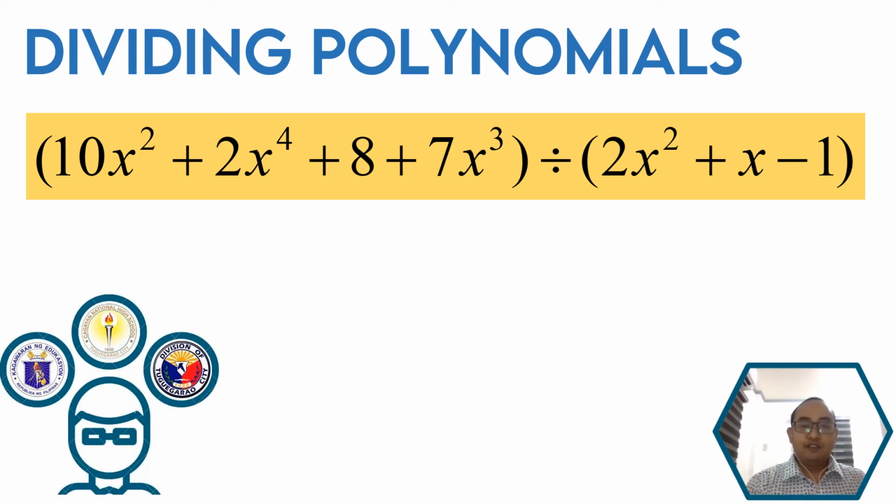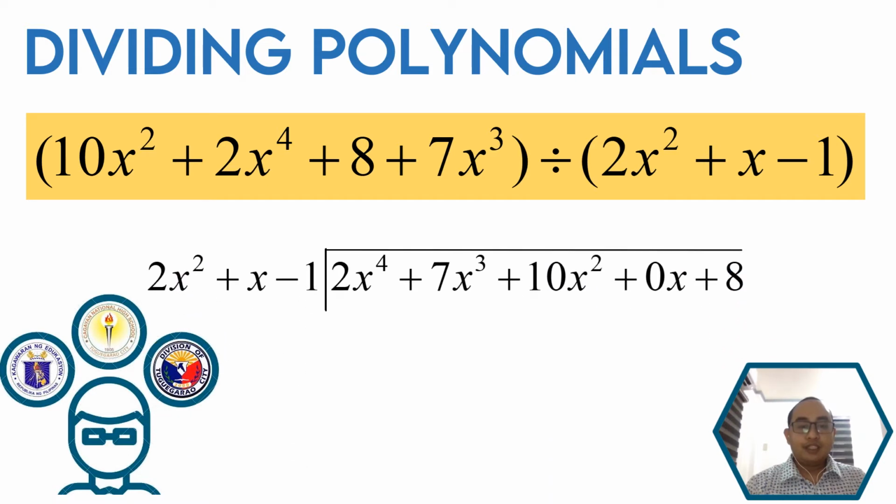So we write it therefore using long division and using the division symbol. We write it now as 2x to the fourth plus 7x cubed plus 10x squared plus 0x plus 8. Now notice again, class, that in the dividend, there is the inclusion of the missing term. So there is no linear term in the given, hence we are going to include the linear term, but it has to have a coefficient of 0.